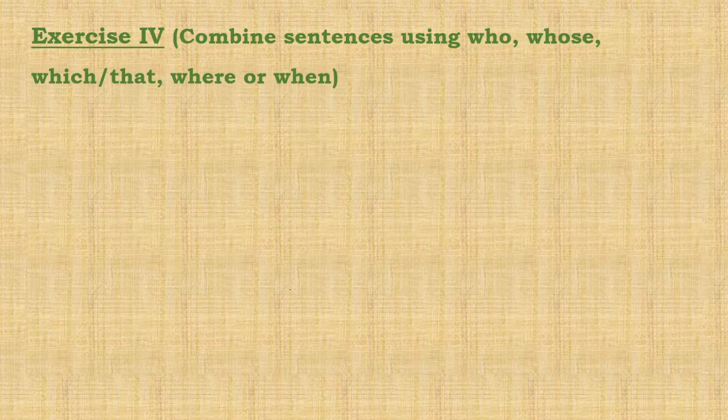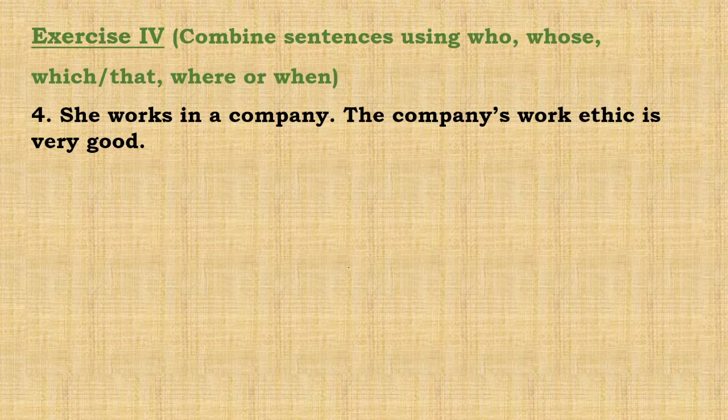Okay. Next. She works in a company. See already who is out. Again which that is out. Again where is also out. Okay, now she works in a company. The company's work ethics is very good. Now look at the sentence. She works in a company.